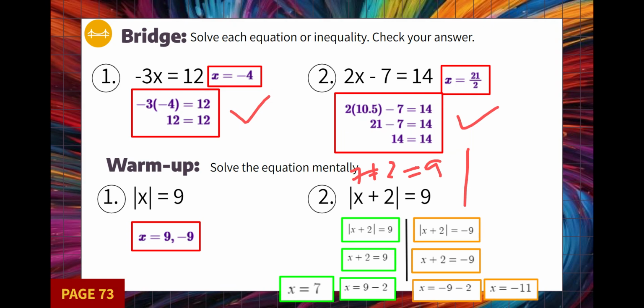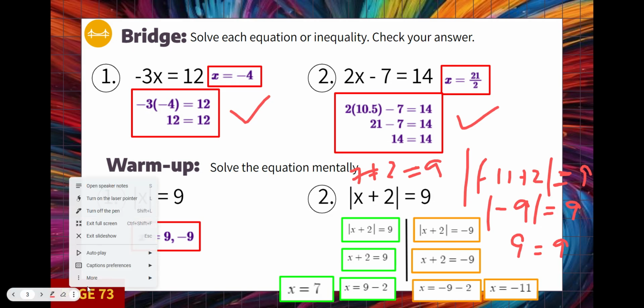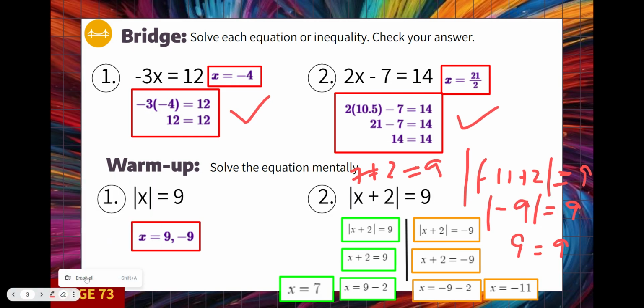The other one is negative 11 plus 2, which is negative 9. The absolute value of negative 9 is positive, so 9 equals 9. Got it? Alright, let's proceed to examples.